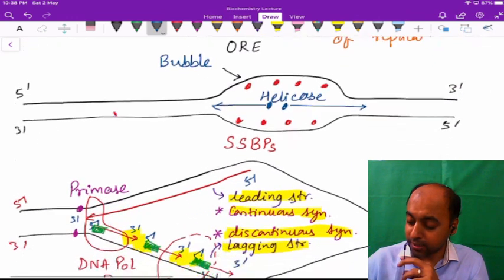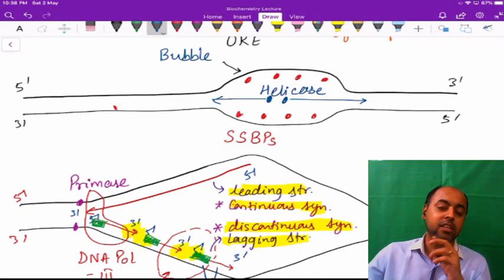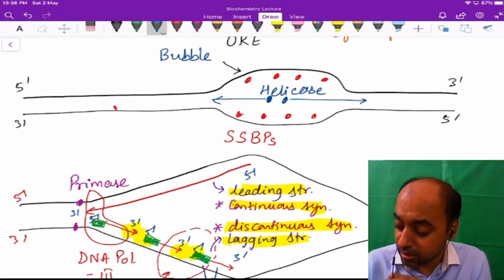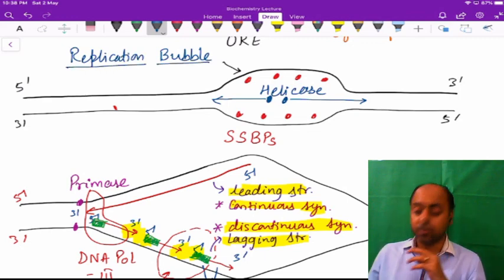Further, if you look at the second strand, this becomes bigger in size, so it is an expanding structure like a bubble. And because here the replication occurs, we call it the replication bubble. So what you're looking at is the replication bubble.